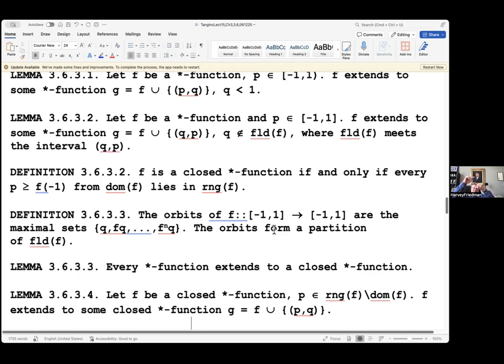So we want a picture where we've got some stuff here in the field and we're trying to invert this point that we go into this field, not necessarily all the way, but somewhat. For technical reasons, we want the field of F to meet the interval from Q to P.